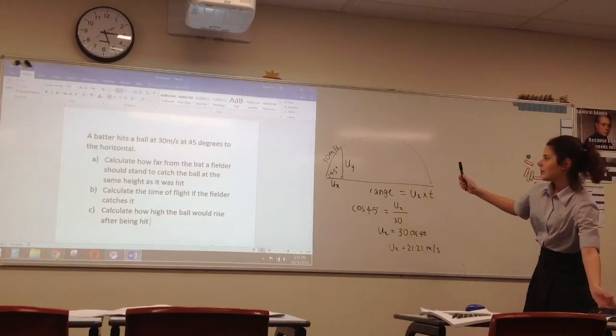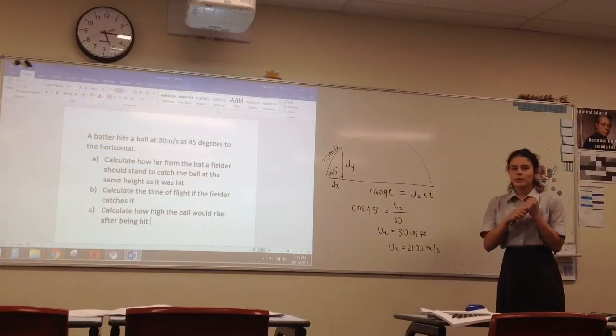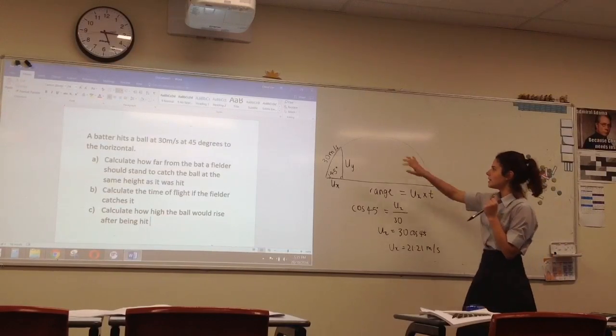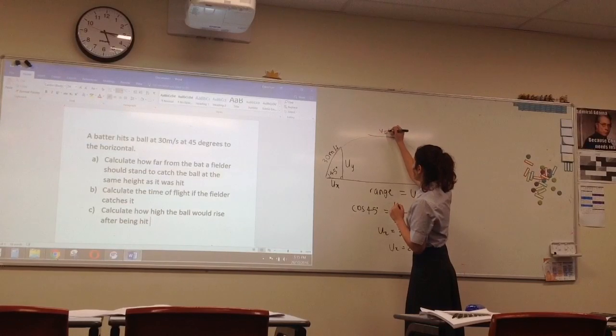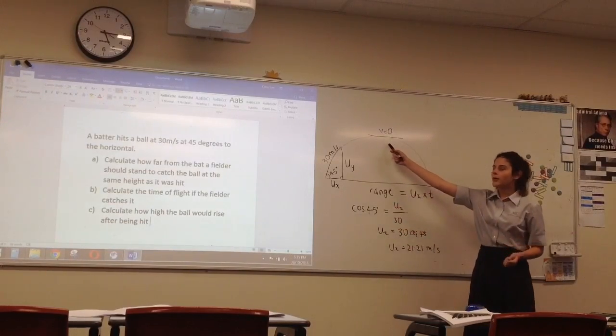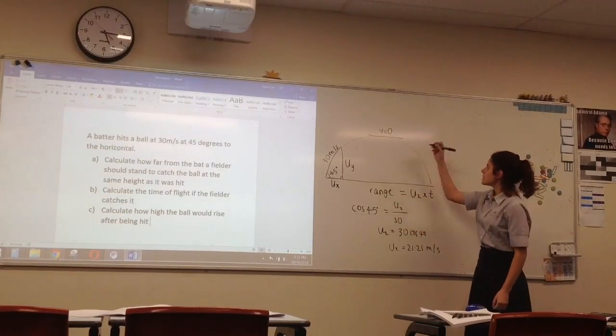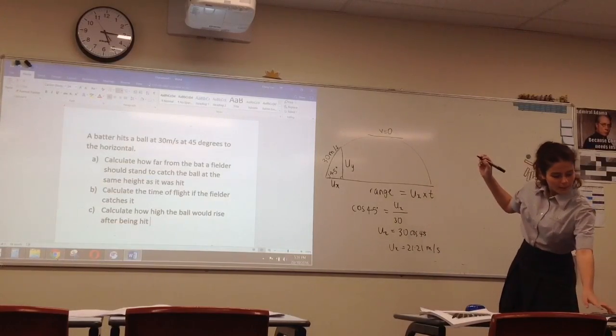And the way to find t, we could find the t at which v equals 0. That's the stationary point. So if we use the formula, which one is it?